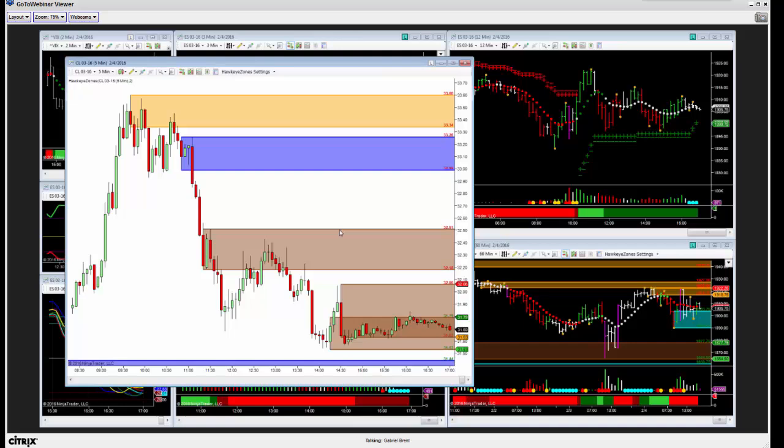I just wanted to take a quick minute and talk a little bit about trend with the software and how easy it is to define trend. And I think this 5-minute chart actually does a pretty good job of defining some concepts here for us. Okay, so what we're basically looking at here, you can see 3 zones on the top side of price, right? 3 resistance zones.